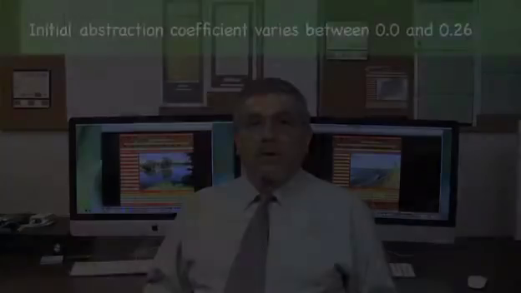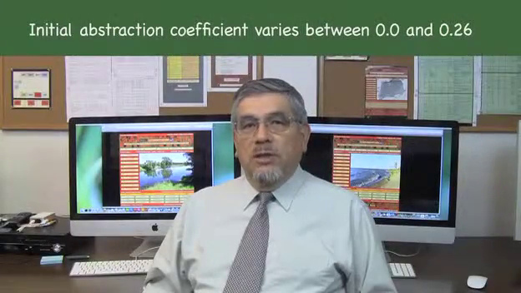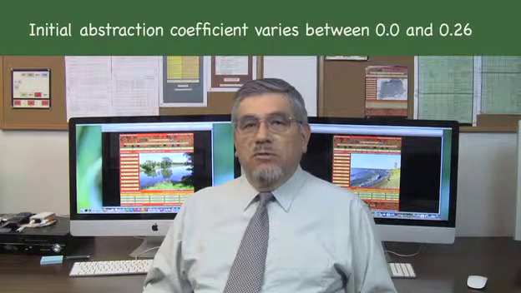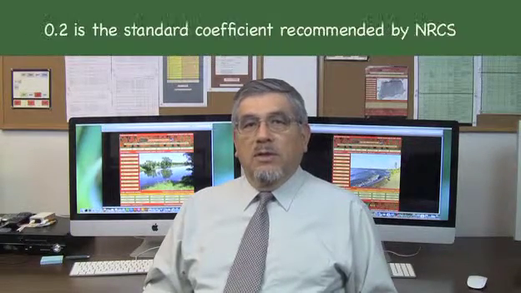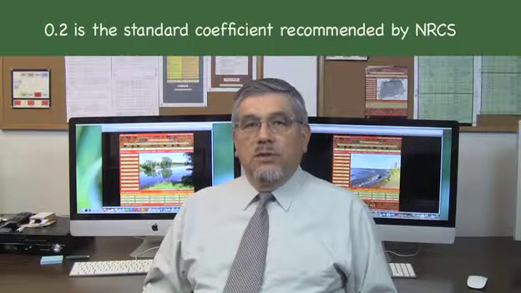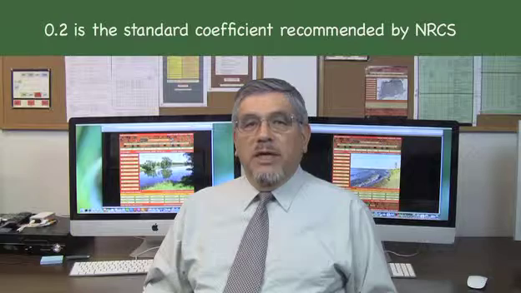The coefficient 0.2 has been subjected to wide scrutiny. Data has shown that this coefficient is likely to vary between 0 and 0.26. However, 0.2 is the standard initial abstraction coefficient recommended by NRCS.